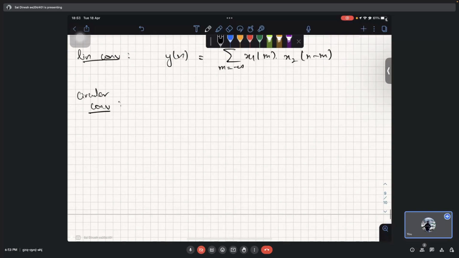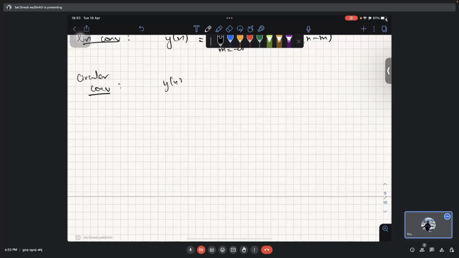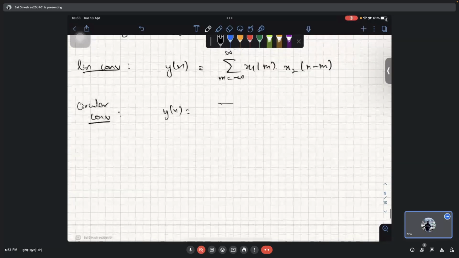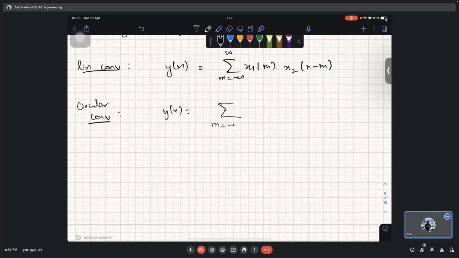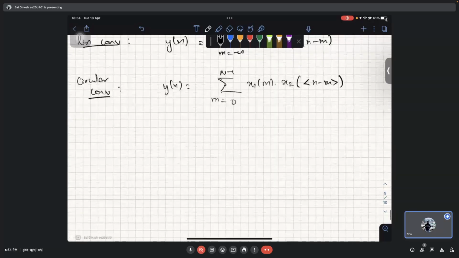Circular convolution means y of n equal to sum over m equal to 0 to N minus 1, x1 of m, x2 circular shifted by m, right?